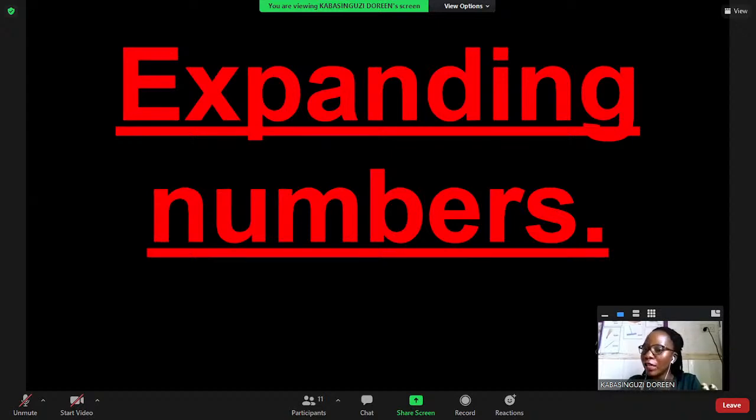We have been looking at the abacus and we saw how we can plot beads on the abacus, on the ones and the tens. Is there anyone who has a question about the abacus? If you have a question, raise up your hand and I see. Maybe you said, Teacher Doreen, I did not understand the abacus. I did not understand how you count the beads, or maybe how you put the beads on the abacus.